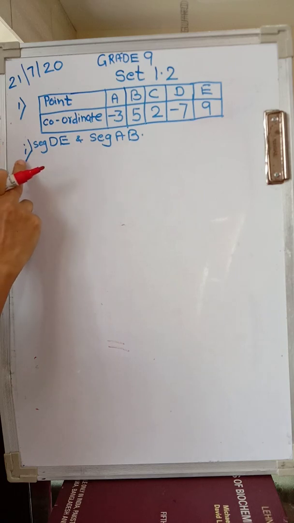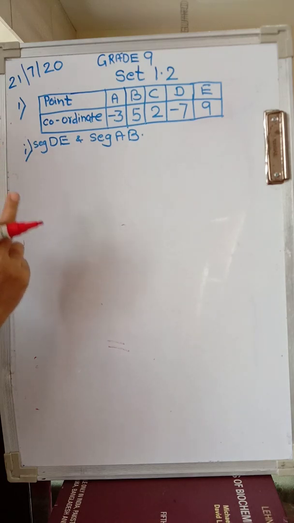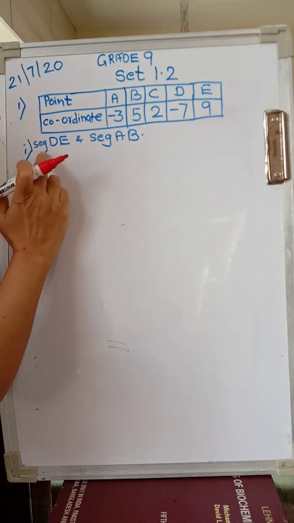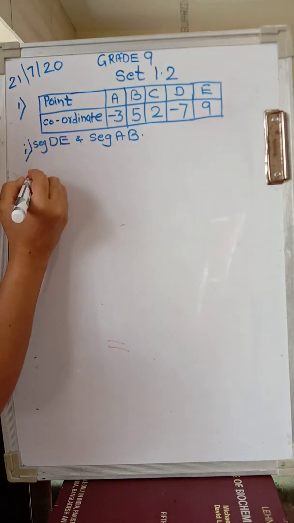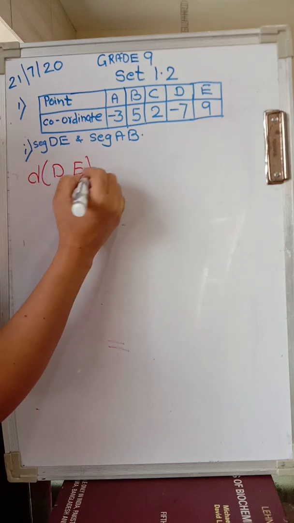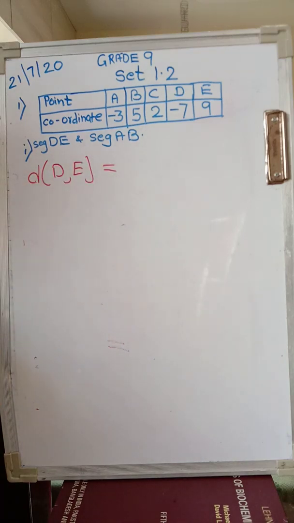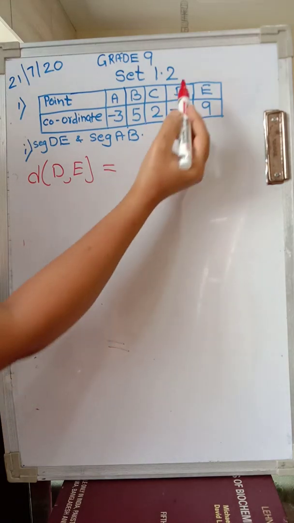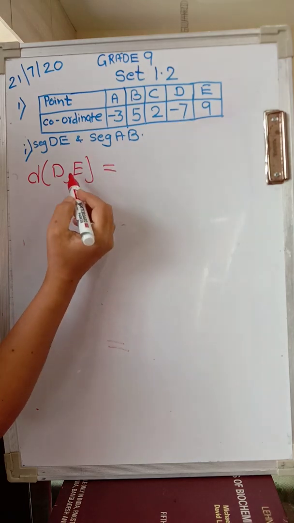I am showing you one example. You will be doing remaining two examples on your own. So let's see first segment DE. So we'll find the distance between points D and E. We already have seen how to find the distance between 2 points. It is greater coordinate minus smaller coordinate, isn't it? So D coordinate is minus 7 and E coordinate is 9.